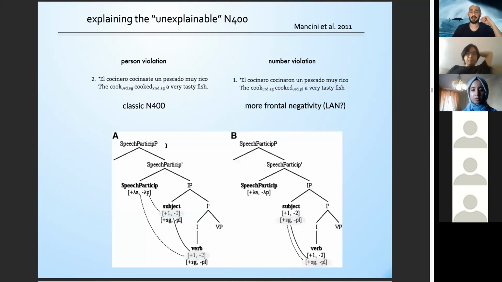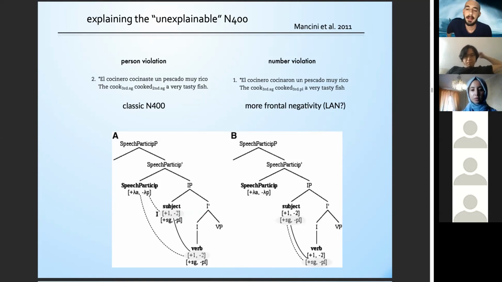And her idea is that you got an N400 here because the person has a dedicated syntactic projection where you have this sort of semantic information about the speech participant, okay? Something that reminds me of the Kaplanian character. Whereas if you have a plural-singular agreement violation, it's more about a syntactic feature that can be fixed just by manipulating formal syntactic features, okay?